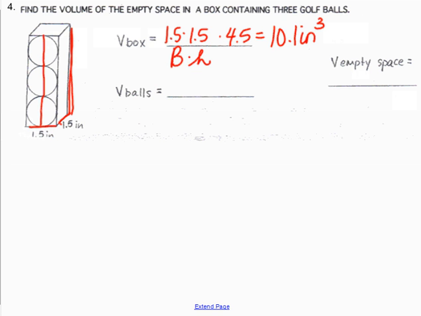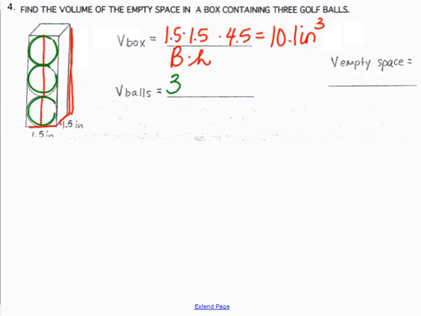All right. So now I've got the balls that I have to figure out the volume for. Well, I know that I see 3 of them. So there are 3 balls, so I'm going to have to take the volume of the sphere times 3. So 3 times the volume of the sphere.